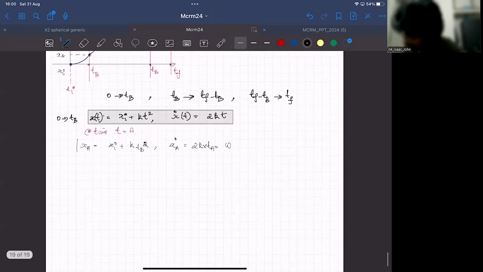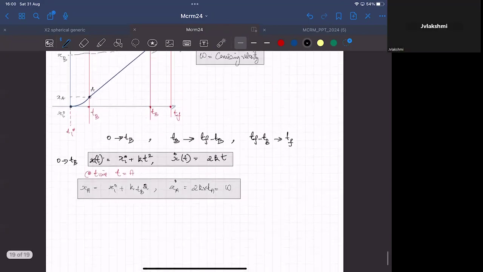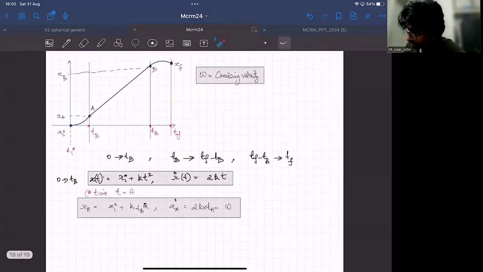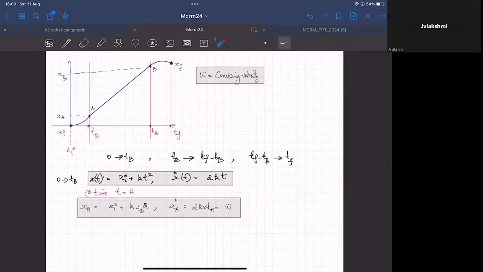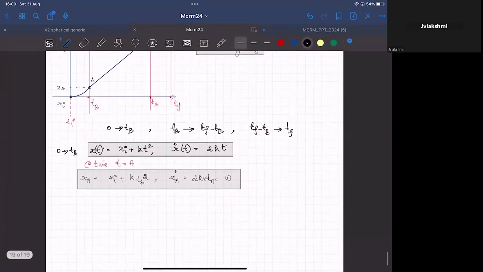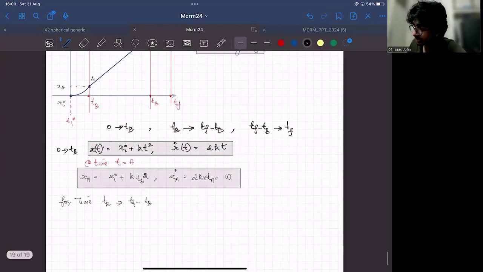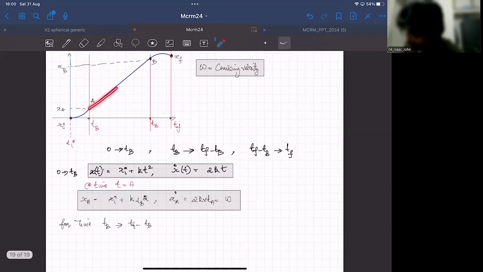Okay, so I'll also mark this equation. We'll leave that aside. Now, if you consider the time period from TB to TF minus TB, what will the equation look like? It's a straight line.